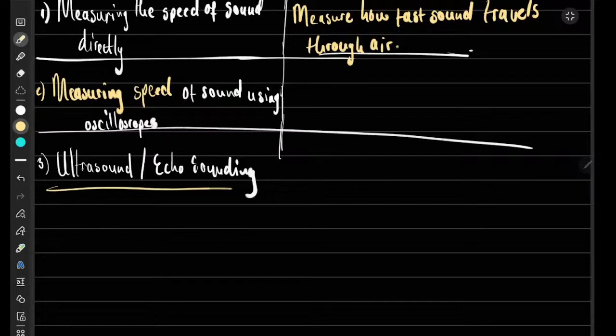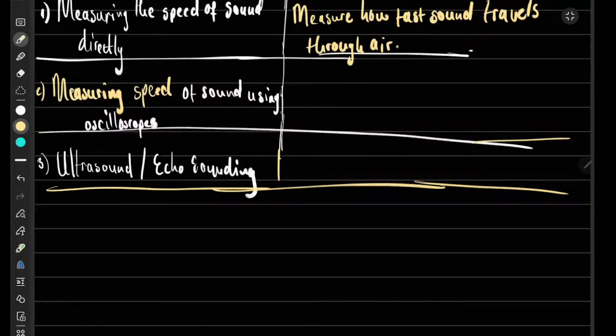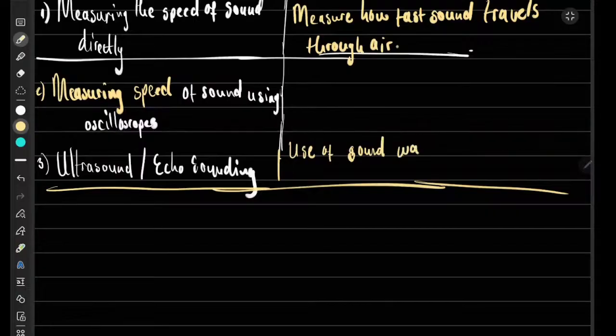And when we talk about what these experiments are about, this year you're going to look at the use of sound waves. When we check ultrasound, you're going to be using a sound wave, of course, to do what?